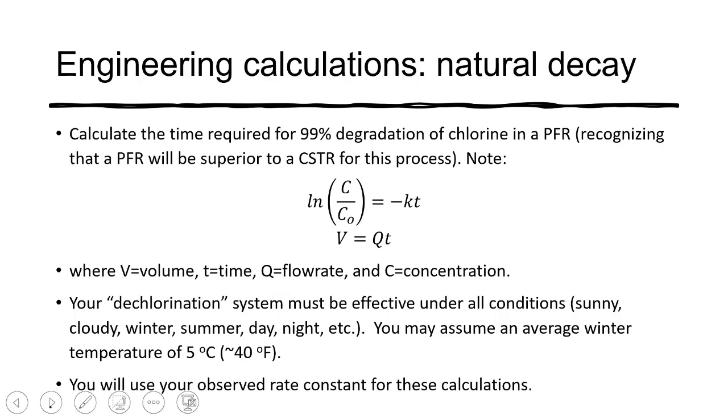Now, you're going to calculate the time required for 99% degradation of chlorine in a plug flow reactor. So if we have a plug flow reactor, ln of C over C naught is equal to minus kt. This is the k you've determined, and what you will determine from here is this t.